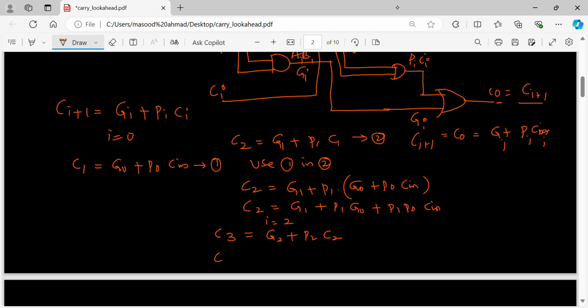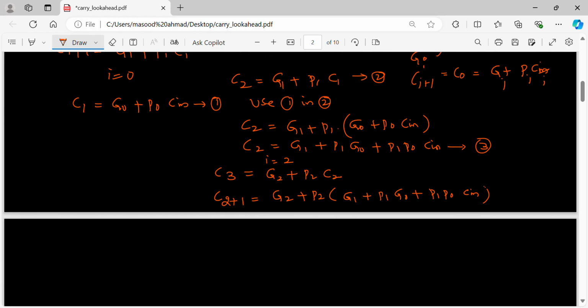This is nothing but C of 2 plus 1, which is C3. So G2 I will write as it is, plus P2 times C2, and I know C2 from equation number 3. So C2 is what exactly? G1 plus P1 G0 plus P1 P0 Cin.